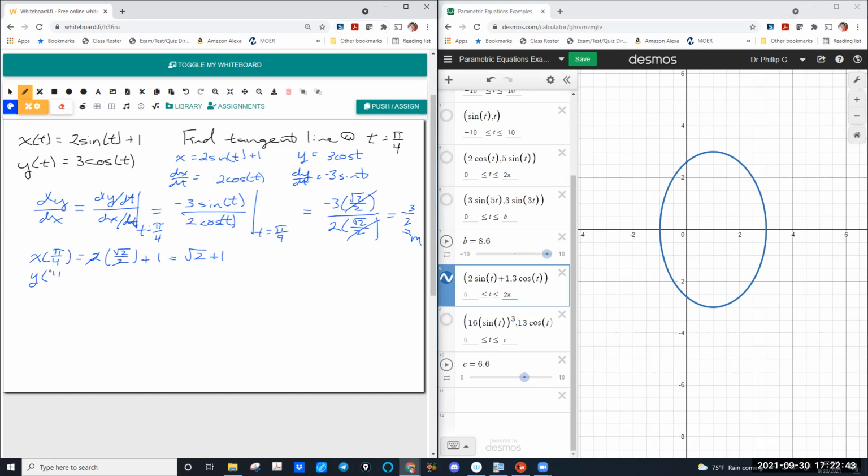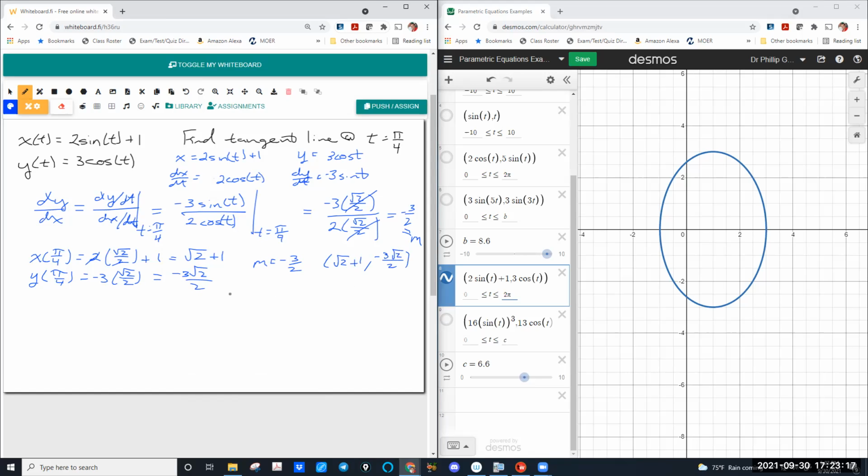And y of pi over 4 equals negative 3 times rad 2 over 2, which not much simplifying we can do there. So basically, our m is negative 3 halves, and the point we need to go through is rad 2 plus 1, comma negative 3 rad 2 over 2. It's not pretty, but it's a point.